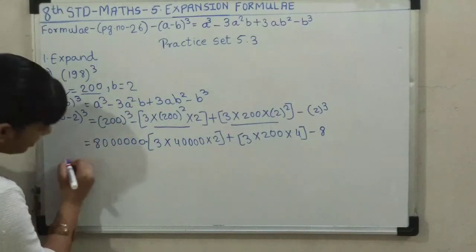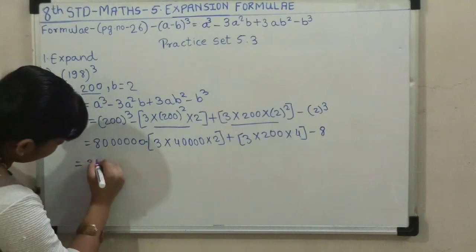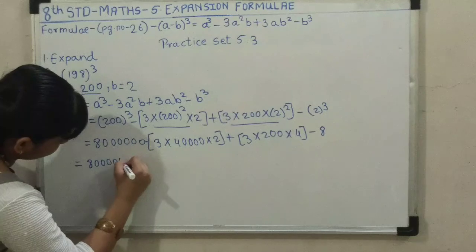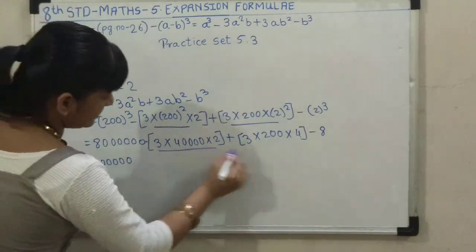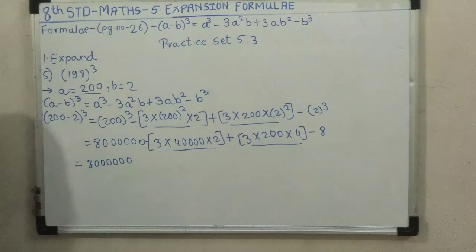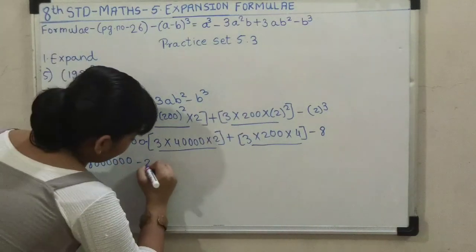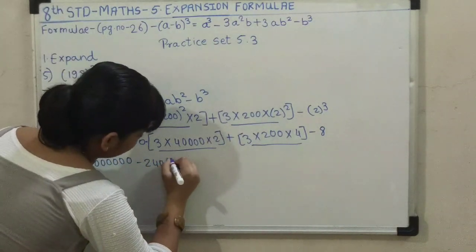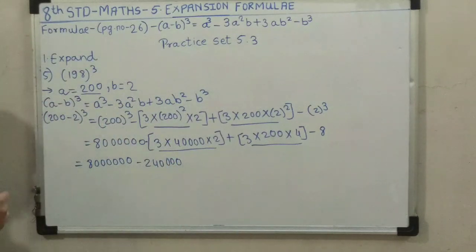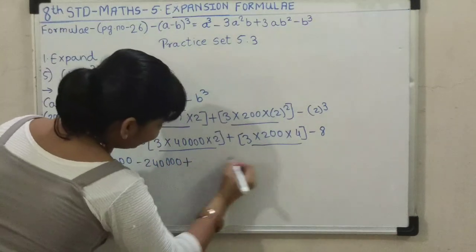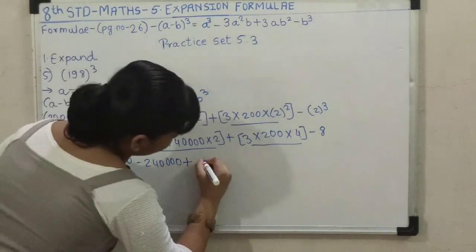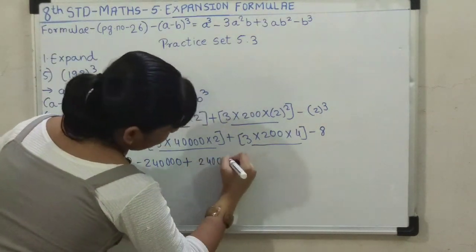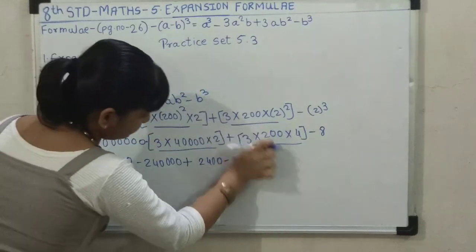So here 80 lakh, and then here we'll multiply these two brackets again and the answer will come 2,40,000, and then here we'll add these brackets. So the answer will come 2,400 minus 8.